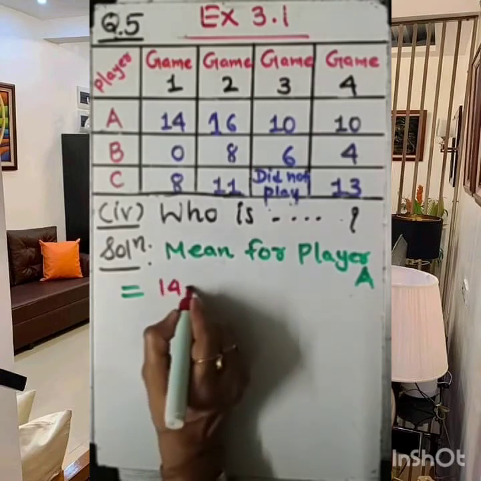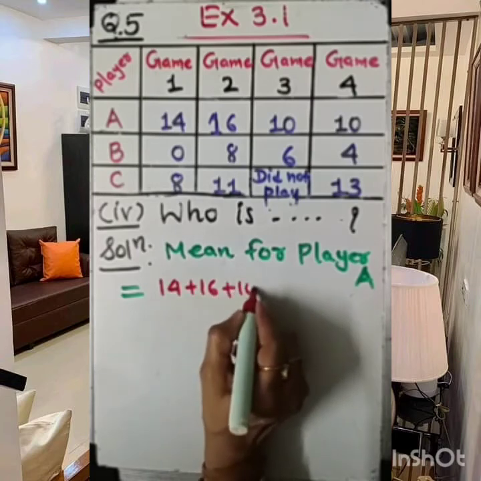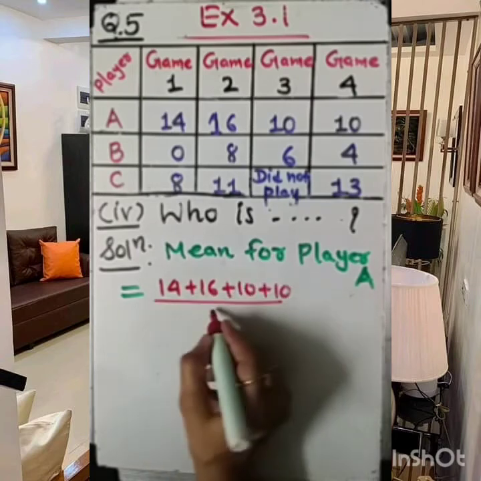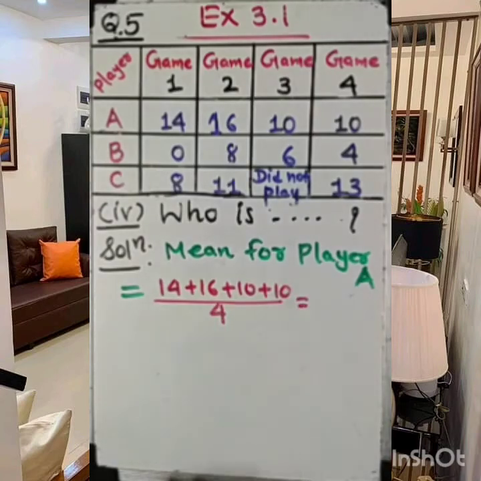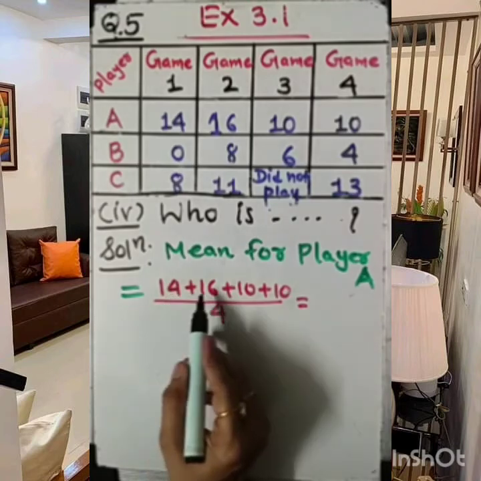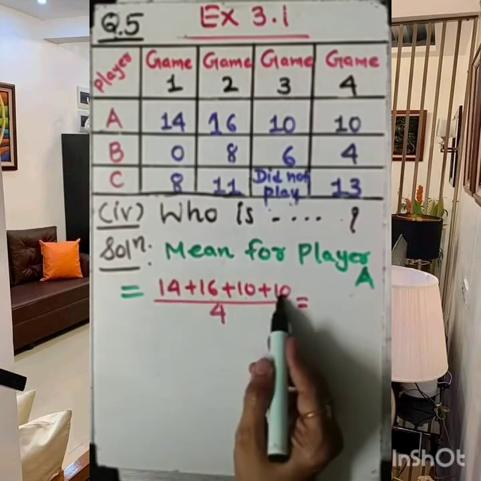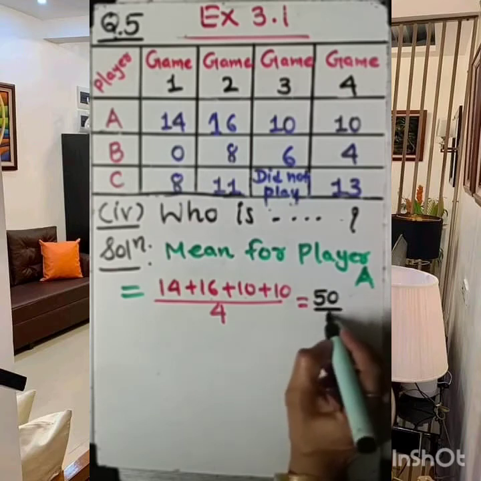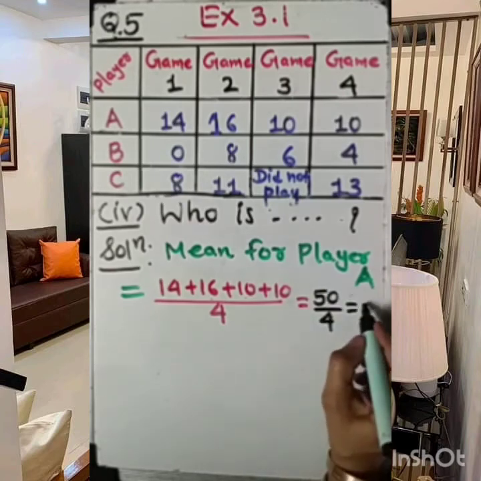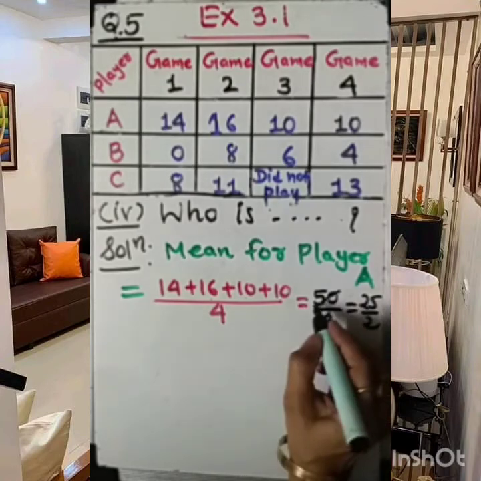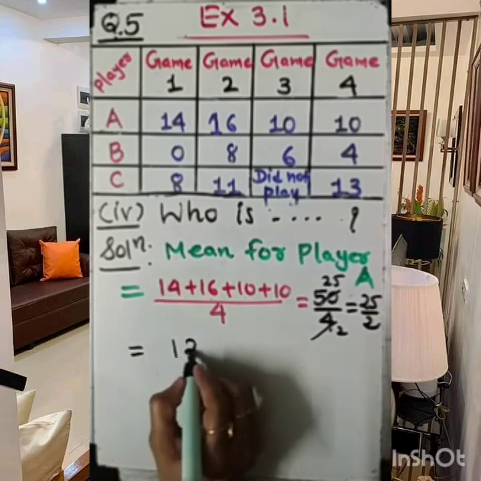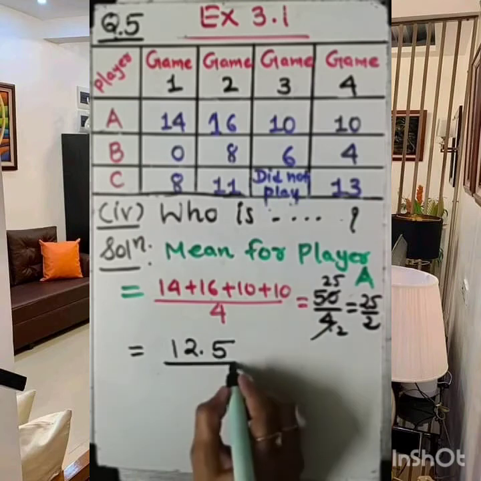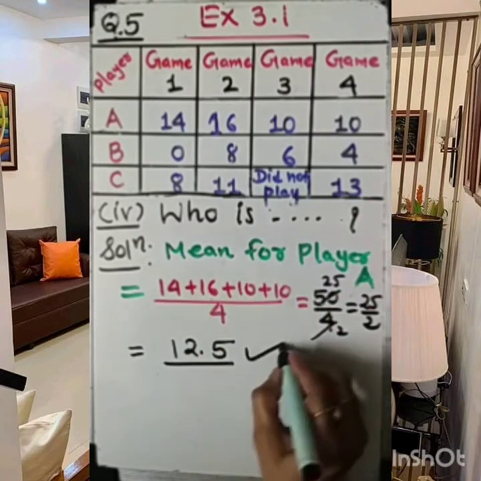So 14 plus 16 plus 10 plus 10, and total number of games 4, divided by 4. The sum is 50. 14 plus 16 is 30, plus 10 is 40, plus 10 is 50, divided by 4. Dear student, 50 divided by 4 simplifies to 25 divided by 2, and half of 25 is 12.5. So the mean for player A is 12.5.